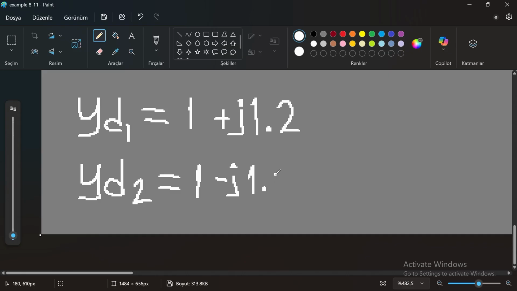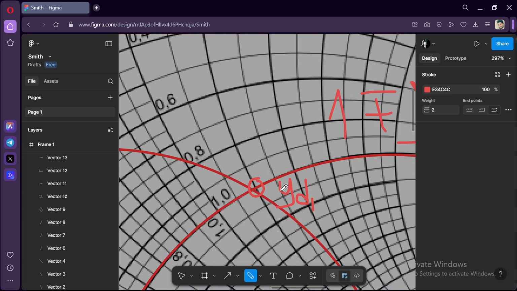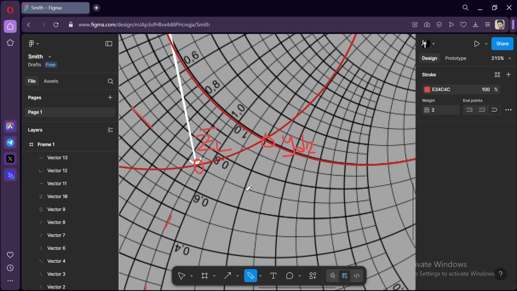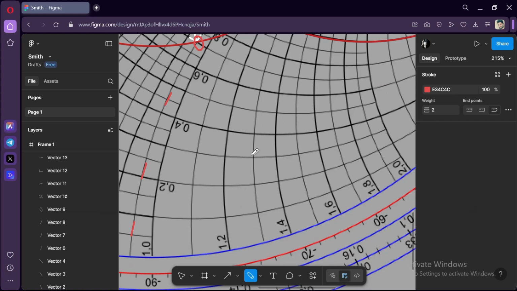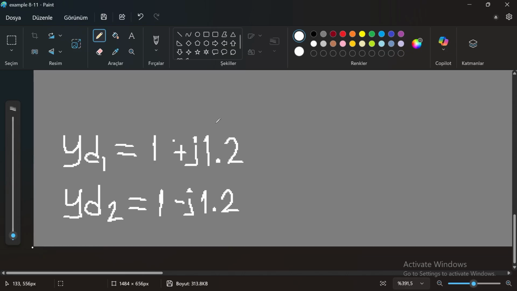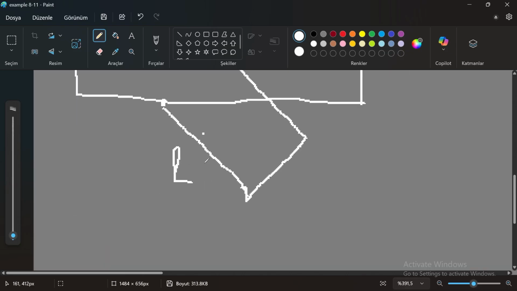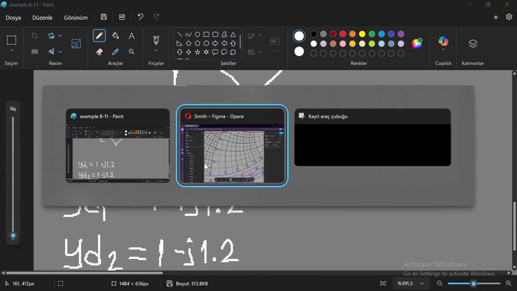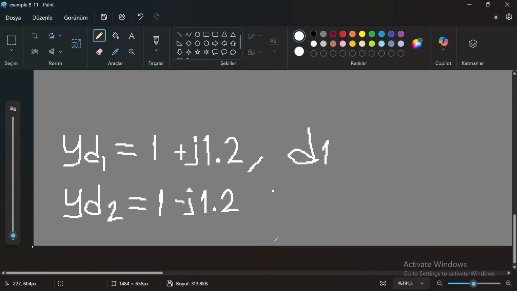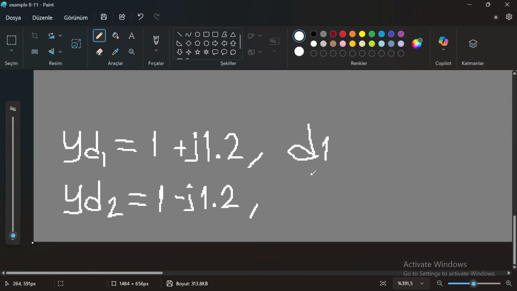If you don't believe, let's take a look. Where is it? Here, minus j 1.2. So we need these values to find the distances, D and L. The D distance, this will bring us to D1. Also let me write D2.